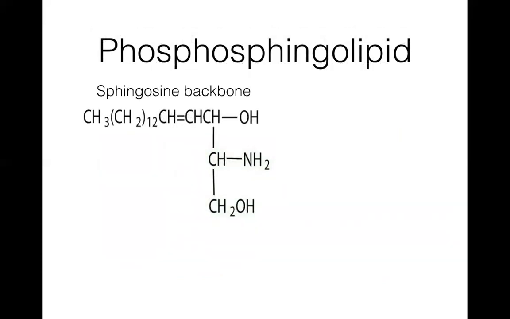As I have mentioned earlier, the other backbone for a phospholipid is a sphingosine, shown here. So it's a long molecule composed of 18 carbons. It contains hydroxyl functional groups, so it's an alcohol. It also contains an amino group, so it's an amino alcohol.